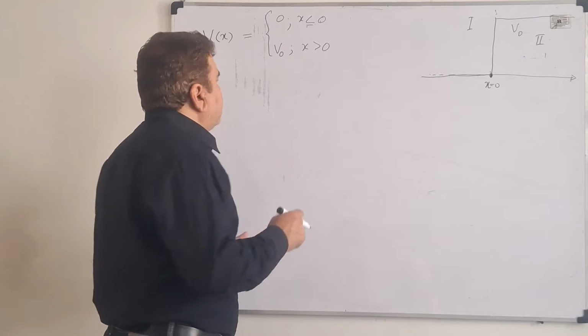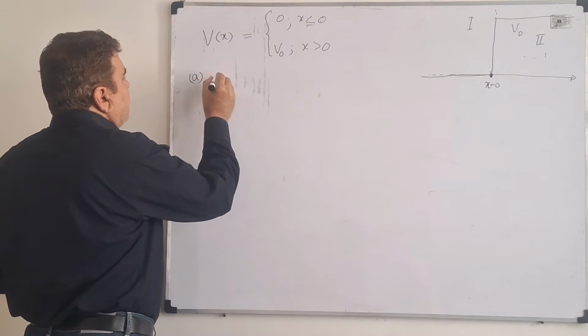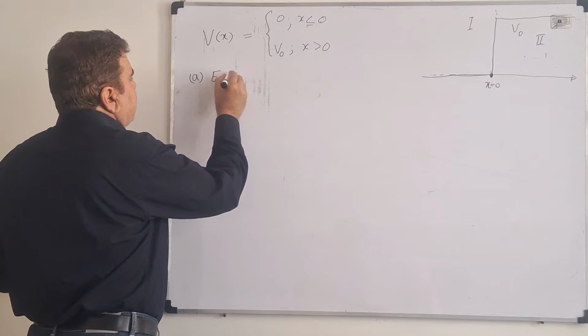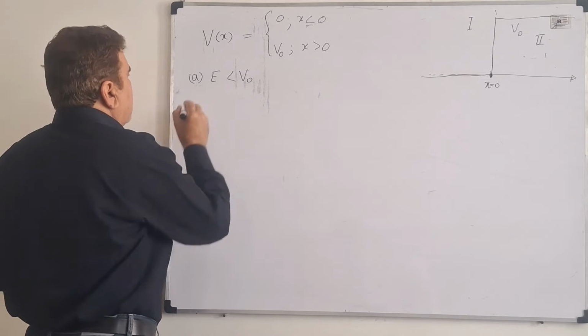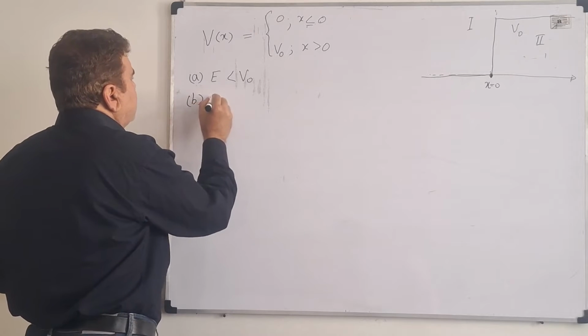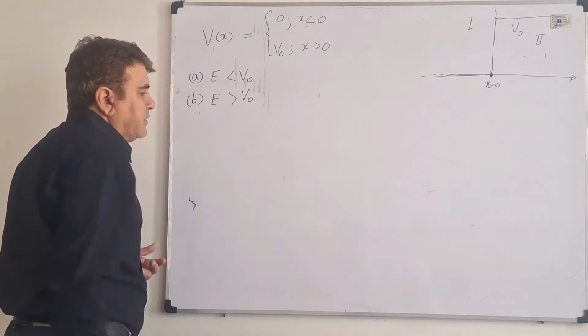In one, the total energy E of the incident particle is less than V naught, and in the other, the total energy of the incident particle is greater than V naught.